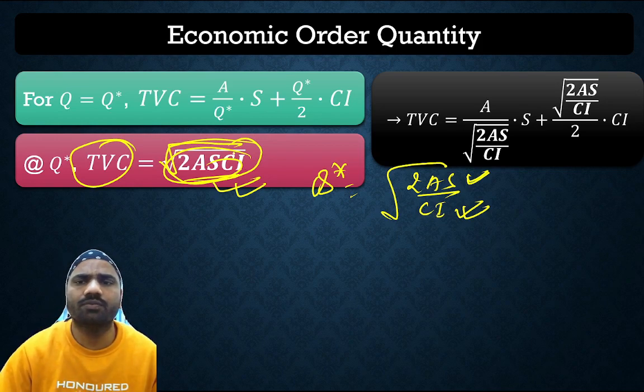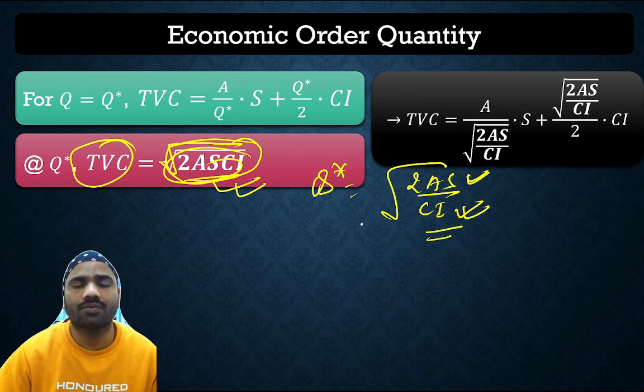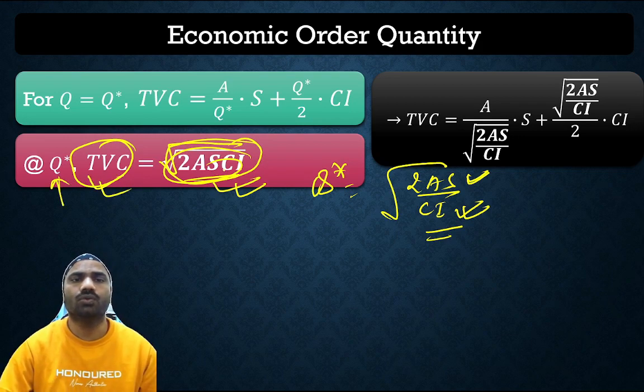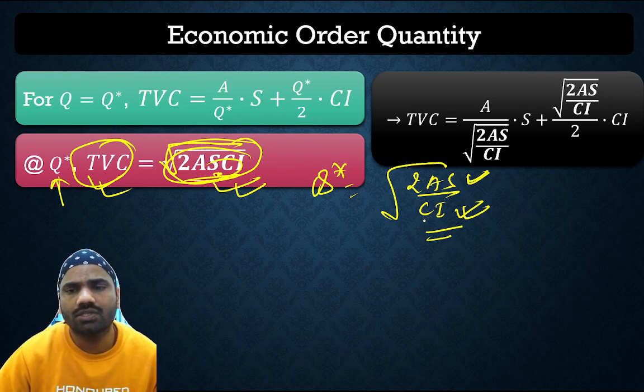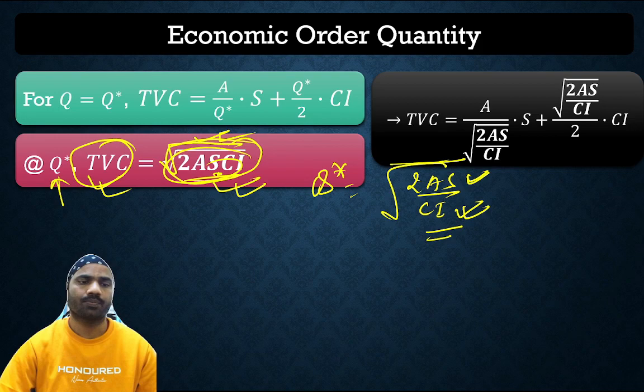So it is very easy to remember: economic order quantity is the square root of 2AS by Ci, and total variable cost at economic order quantity will be the square root of 2ASCi. Here it is the product of 2AS and Ci, all inside the square root.